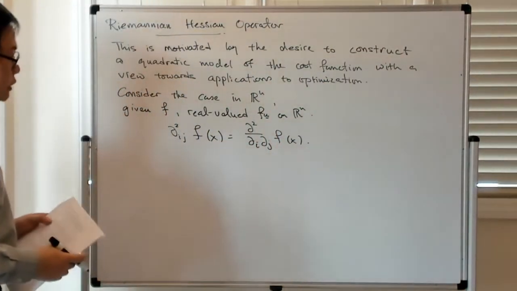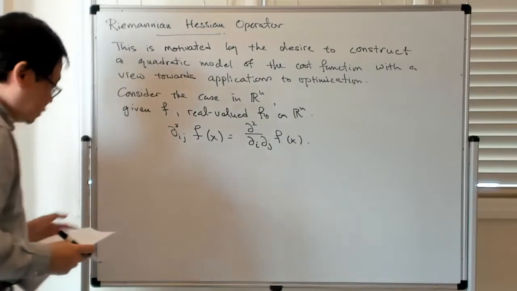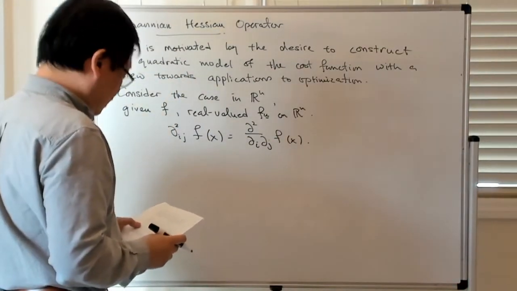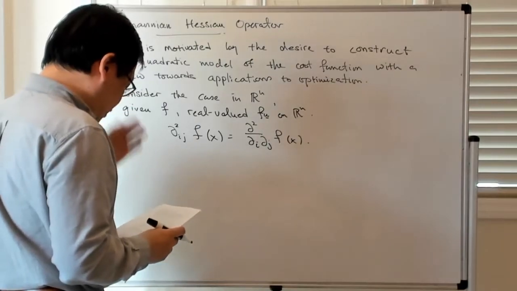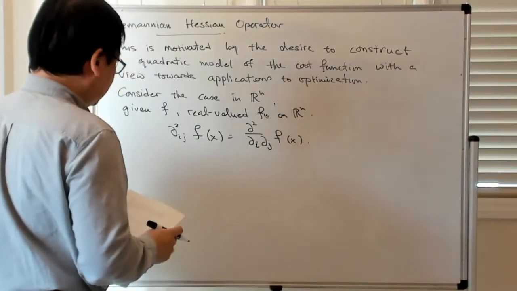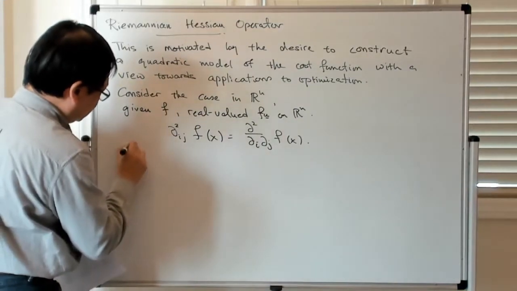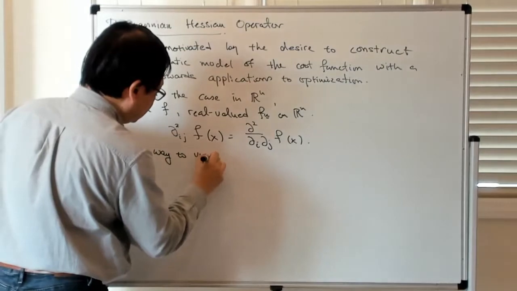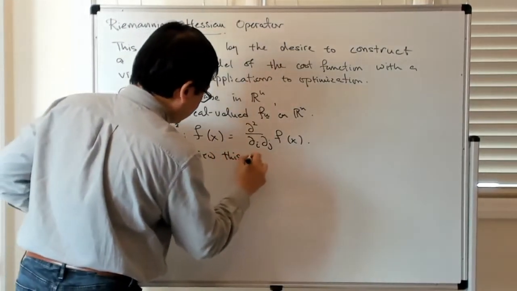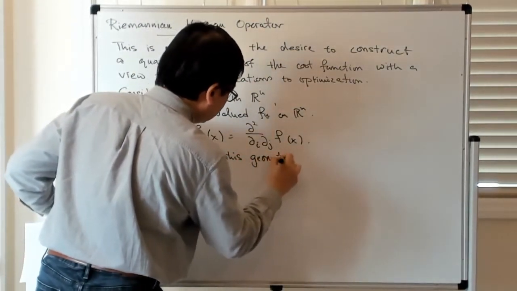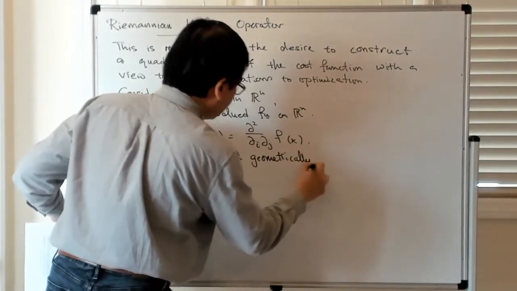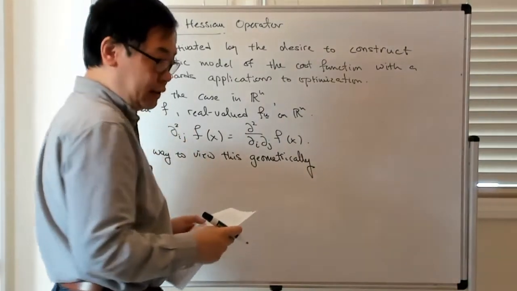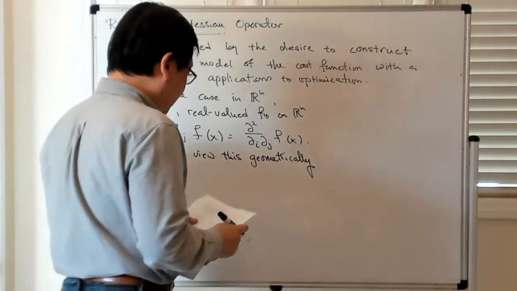Okay, and if you want to generalize this to manifolds, then you should think of it as an operator. One way to view this geometrically is as a linear operator from some Euclidean space to another Euclidean space.